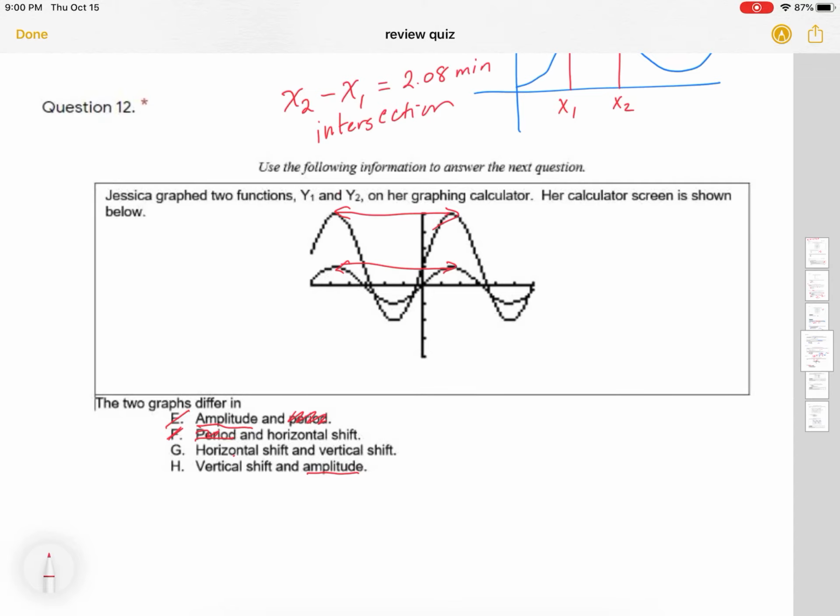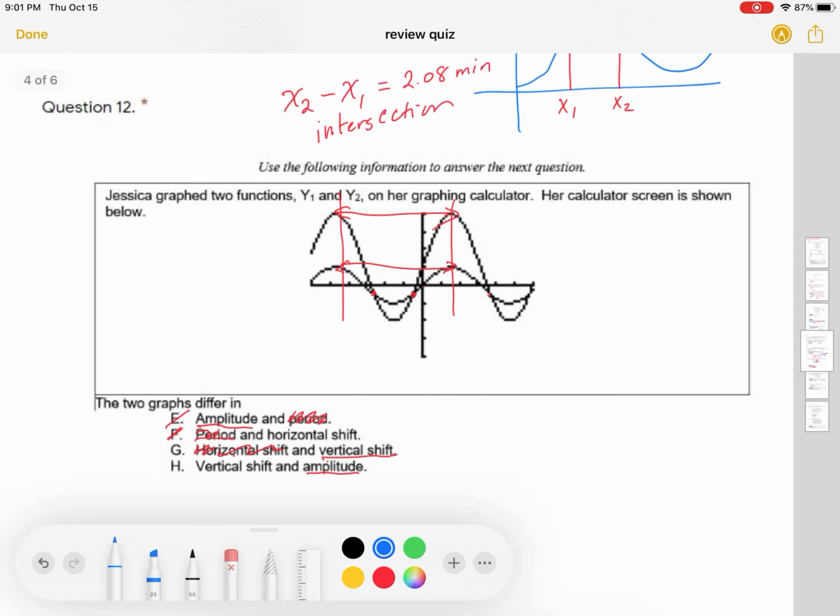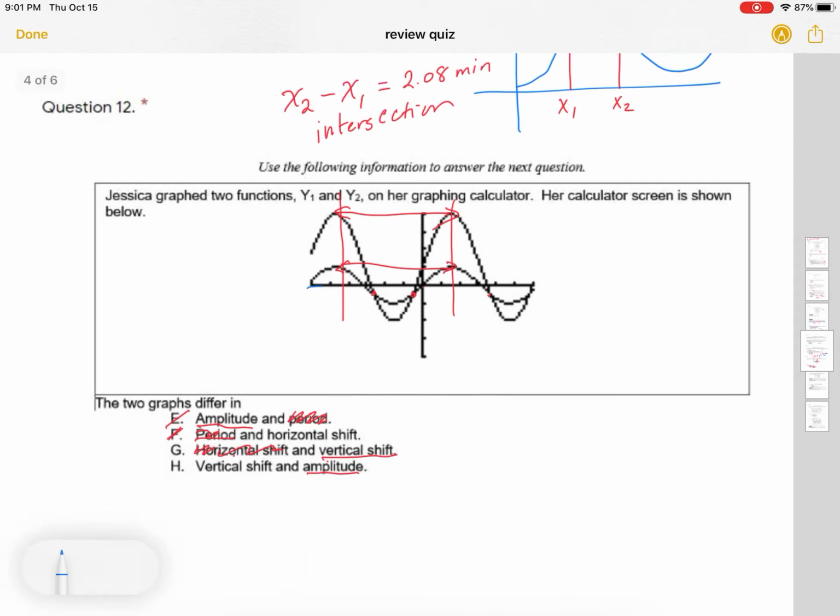Okay, horizontal shift and vertical shift. Well, if we look at this, they are lined up perfectly. So there is no horizontal shift. There's no shift one way or another. And we can also see that we have crossing points that match up. And vertical shift, well, there is a bit of a vertical shift as well because they have different midlines.